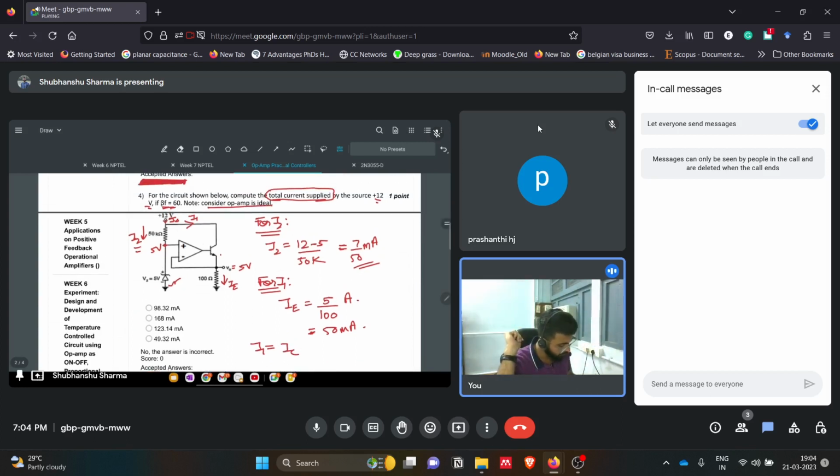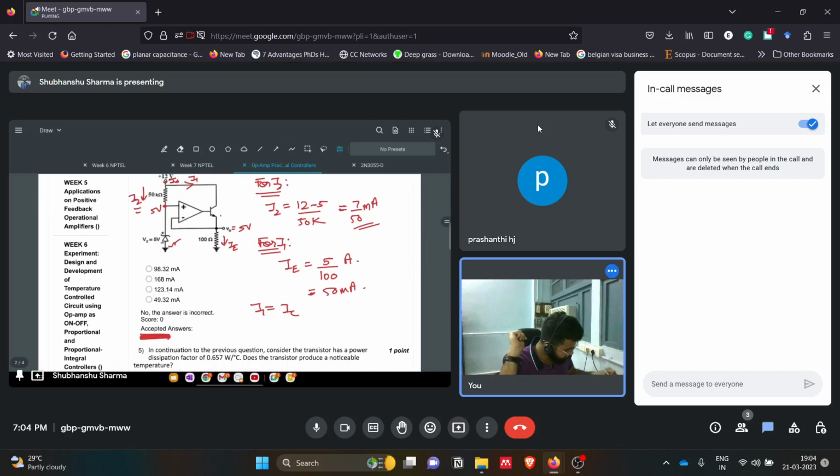So we have been given beta. Beta is very low here, that is 60. Normally we have IE, and to convert this into IC we have this relation: IC equals alpha times IE, and alpha is beta upon beta plus 1.